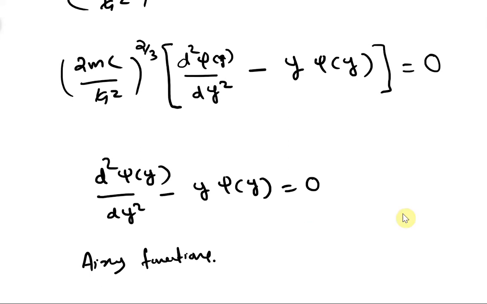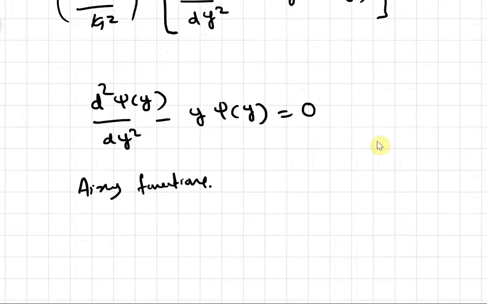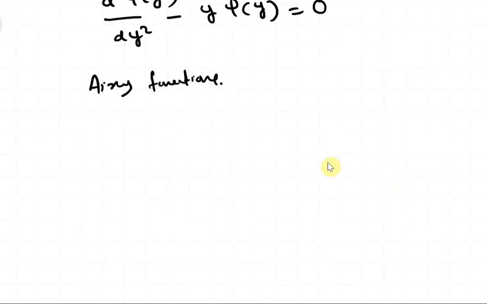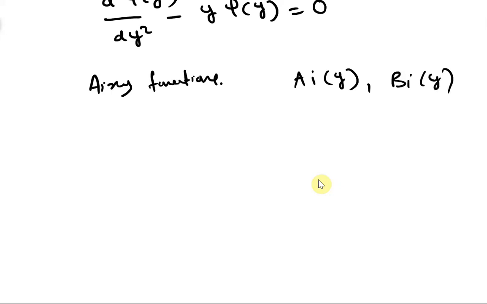Okay, so the form of the expression is as follows. There are two such functions. The first one is Ai of y, another one is Bi of y. Two of them are there, and the complete solution is going to be a linear combination of them.